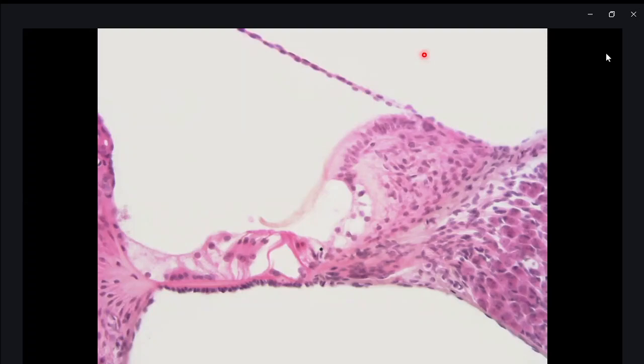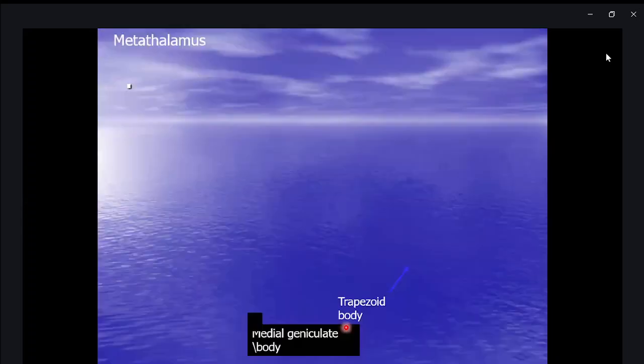That fluid movement will then cause vibration of the basilar membrane and displacement of the hair cells. Scala vestibuli and scala tympani are continuous at what we refer to as the helicotrema.